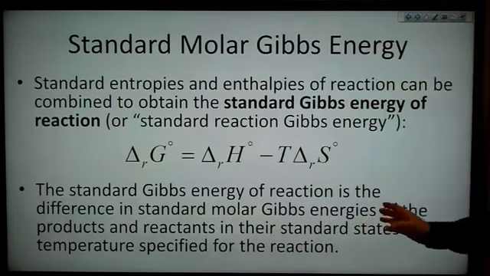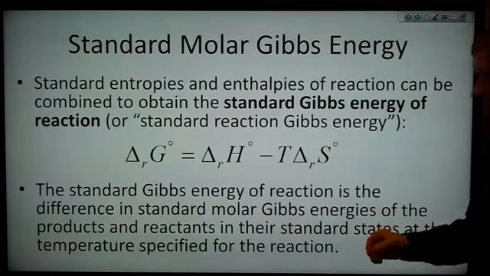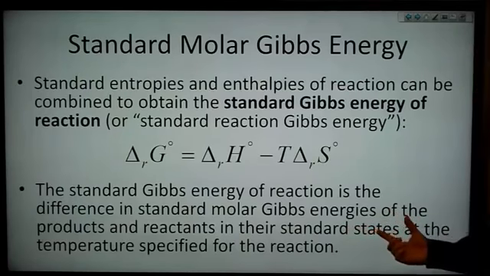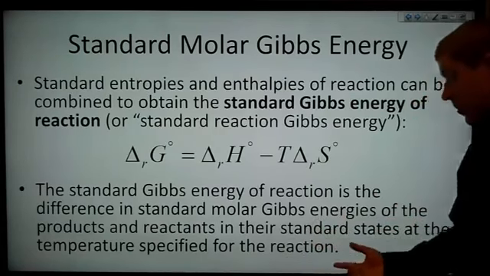So the standard Gibbs energy of reaction is the difference in the standard molar Gibbs energies of the products and the reactants in their standard states at the temperature specified for the reaction.